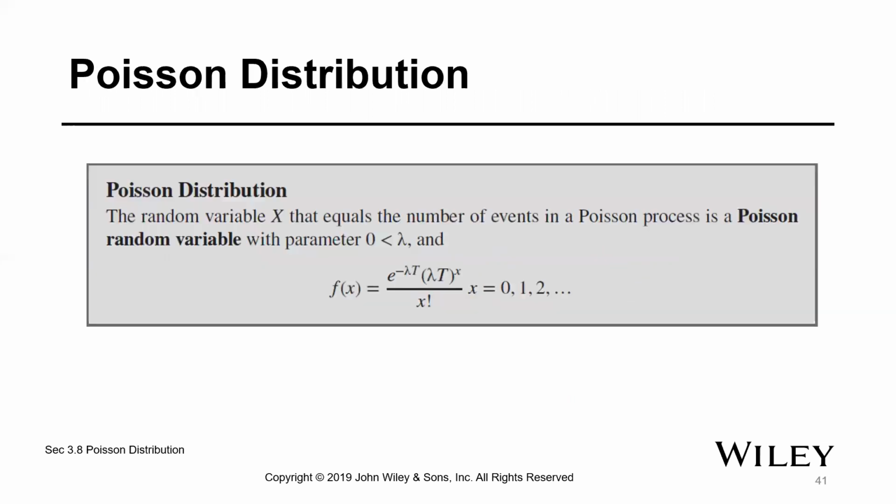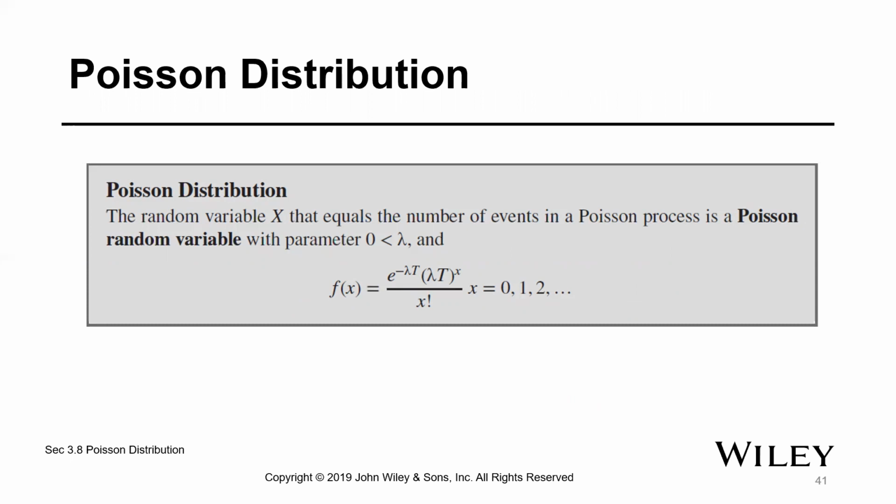Okay, so next we have the Poisson distribution. So Poisson is when you have a random variable that equals the number of events in the Poisson process, with parameter 0 less than lambda.